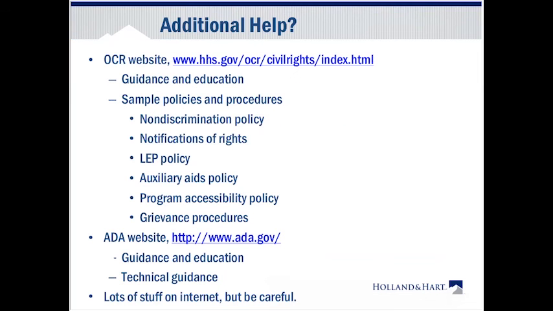The OCR website has a lot of information on it, guidance and education, sample policies, etc. The ADA for disabilities has a lot of helpful information as well. And as we point out on the last line, there's a lot of stuff out there on the internet, but be careful of your source and make sure that you're looking at sources that are reliable. And I think the things that we have put forth in here are reliable.